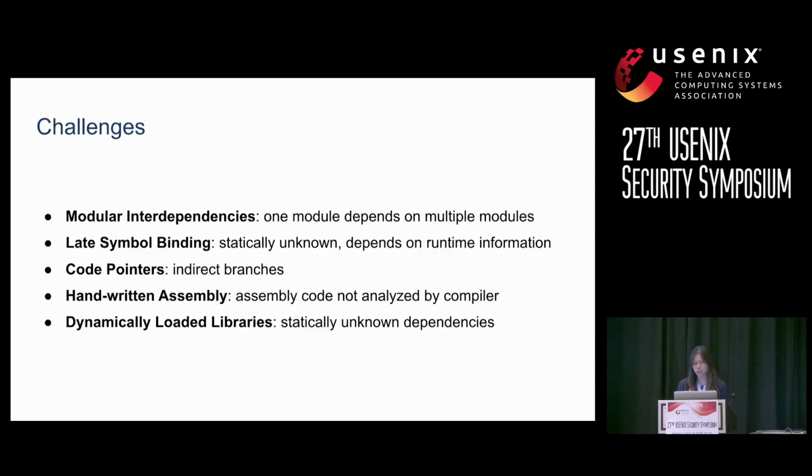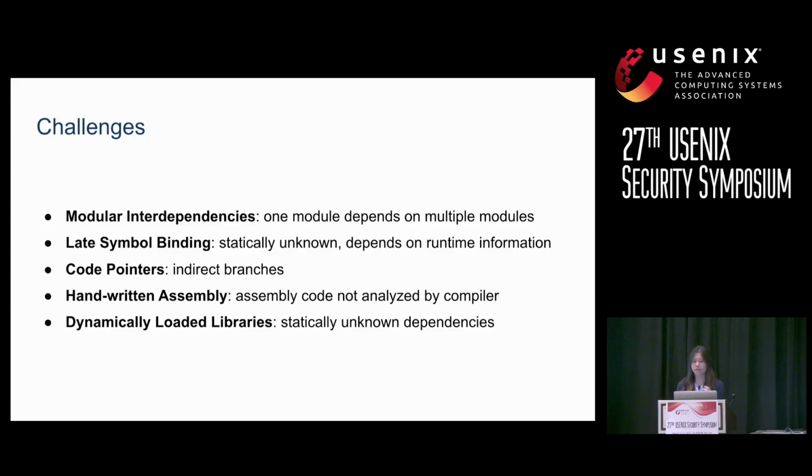Of course, this approach has challenges. For example, at load time, you have to determine the dependencies between different modules, between the program and the shared libraries, and those shared libraries are going to need other shared libraries.